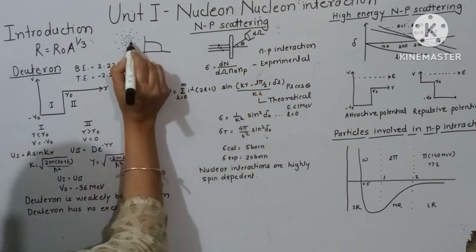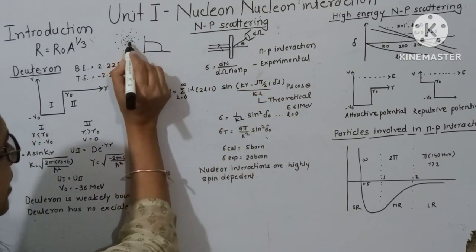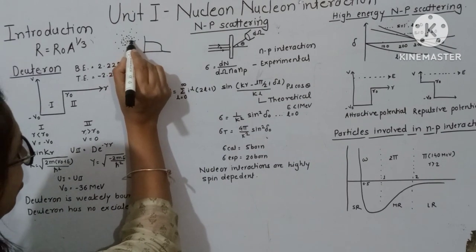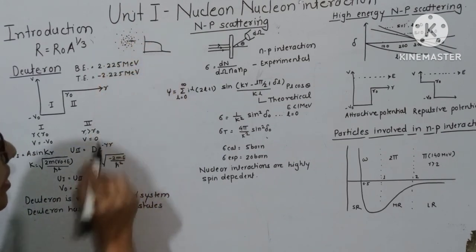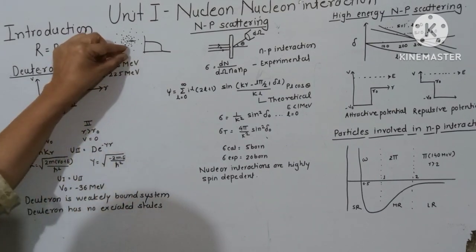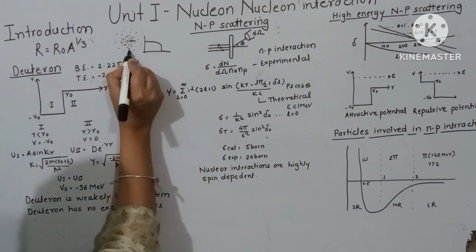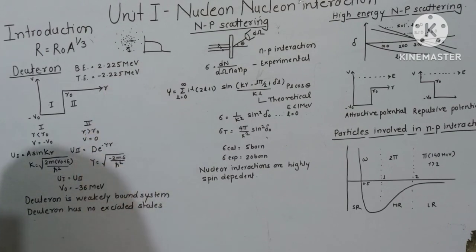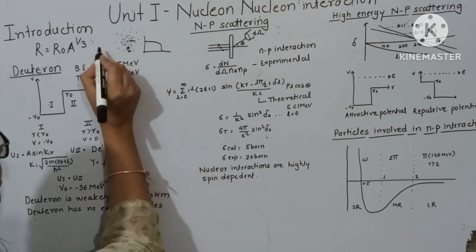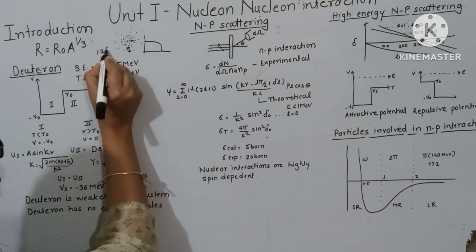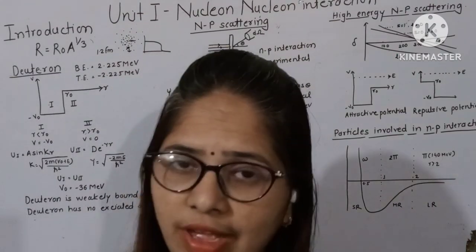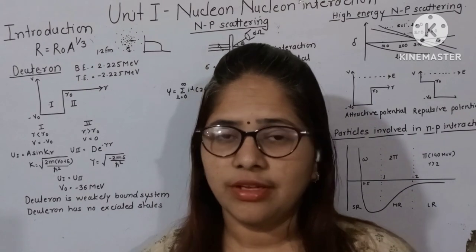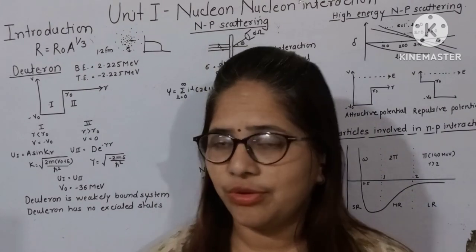This distance is called the constant R naught, which remains constant and its value is taken to be 1.2 femtometers. This is how we can evaluate the radial extent for any nucleus.